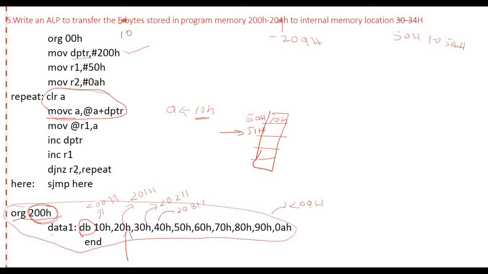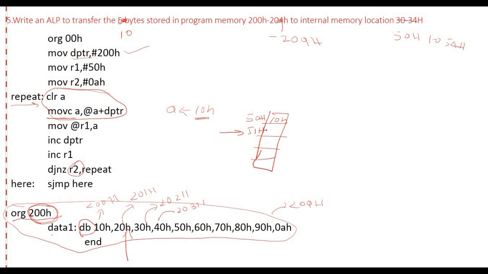Next we check the R2 register, that is, whether we have transferred all the data or not. If it is not 0, then we repeat the instructions from CLR A. The same thing happens 10 times, or until R2 becomes 0.